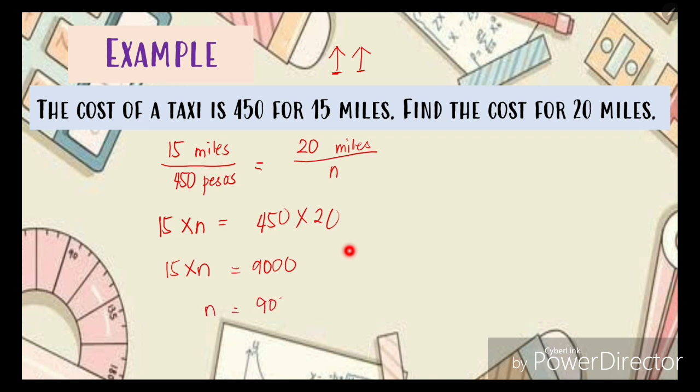We're going to divide 9,000 by 15. So, 9,000 divided by 15, our answer is 600 pesos. So, ang sagot natin sa ating example is 600 pesos kung tumakbo yung taxi ng 20 miles.